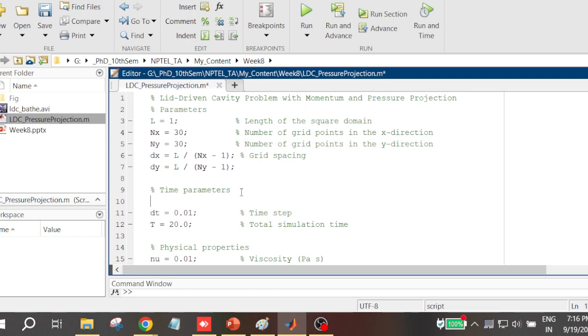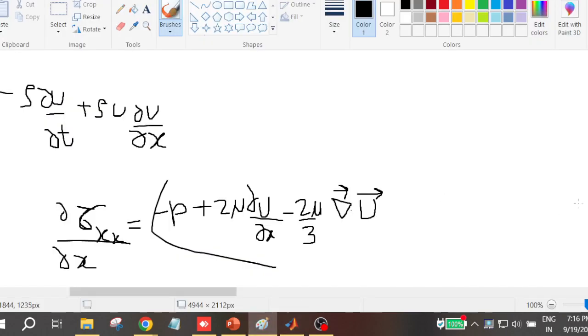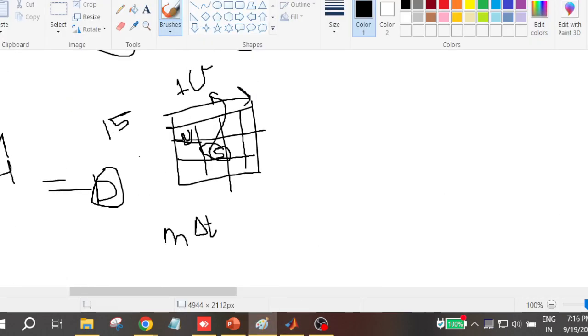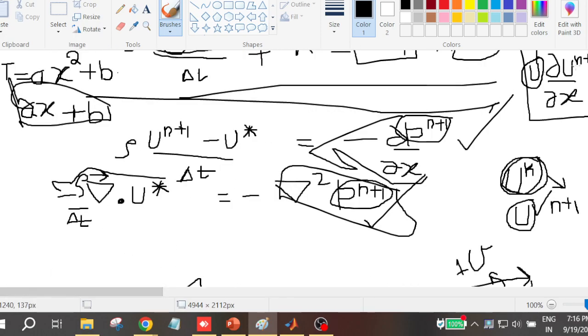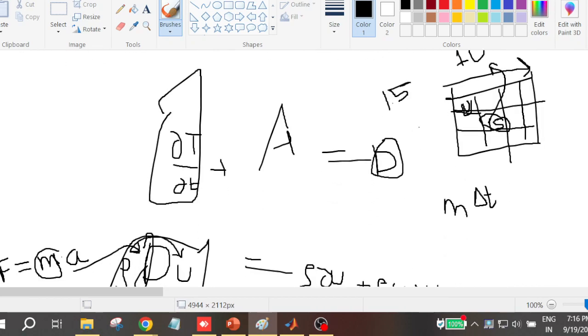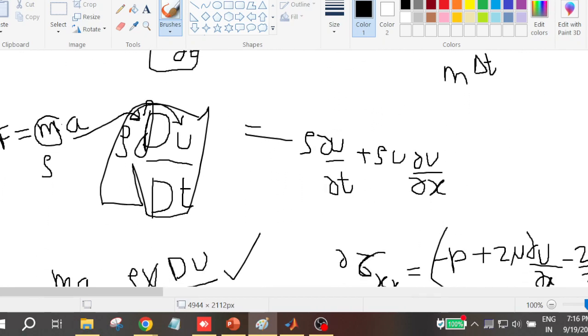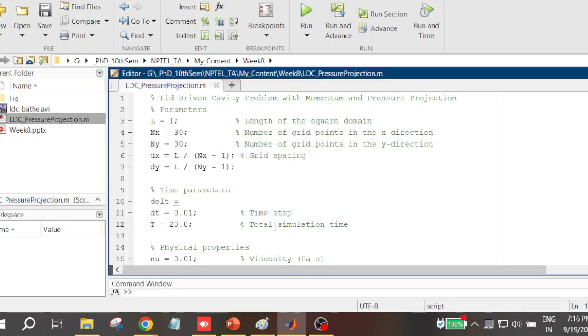Ideally what you should do is, delta t, let me write it somewhere else. I wrote the CFL criterion: u times delta t by delta x, it should be less than 1.